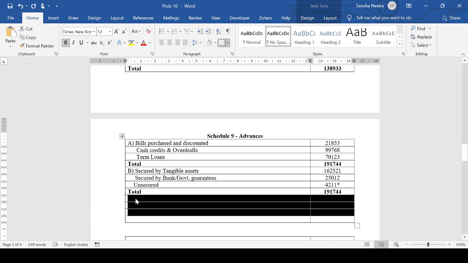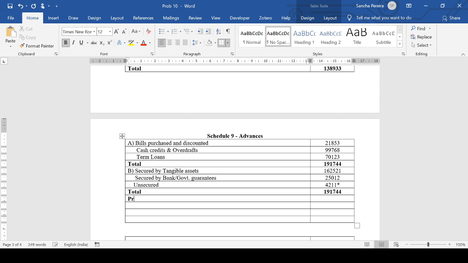So we have, read further in the adjustments, the priority sector. Priority sector is 68221.